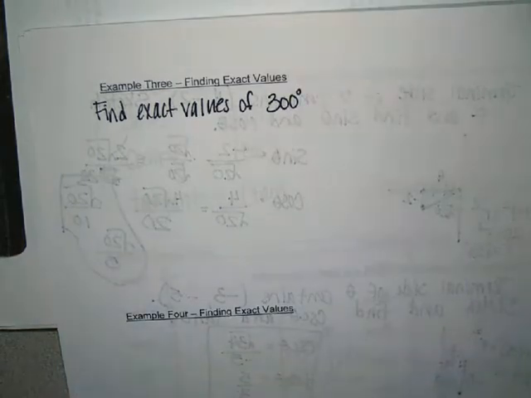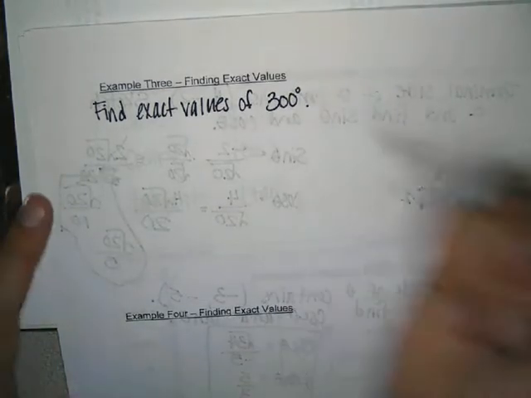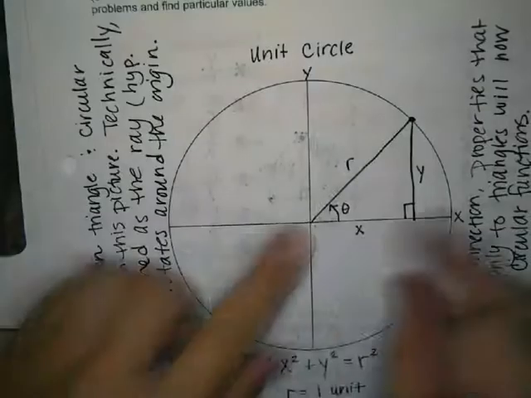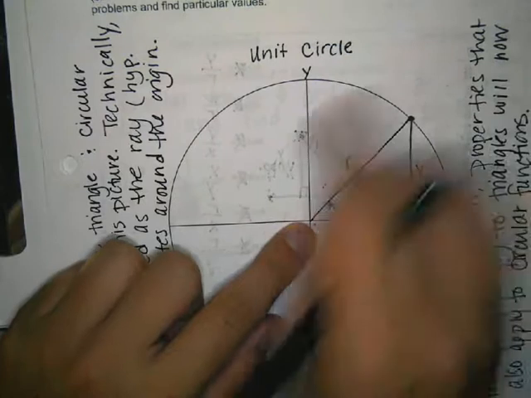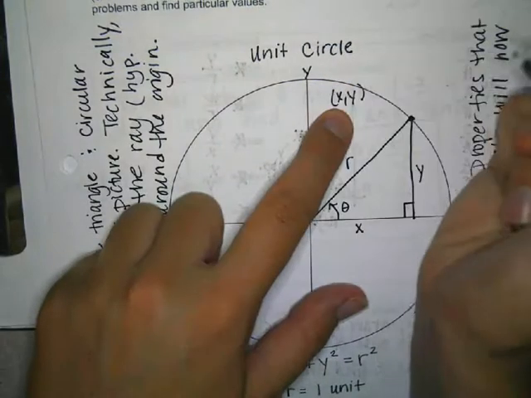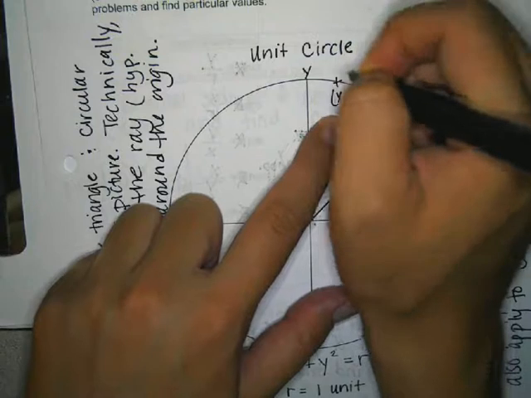Okay. 300 degrees. First thing I'm going to do is sketch it. 300 degrees is in the 4th quadrant. Oh, you know what we didn't do? Unit circle. In this section here, all x values are positive, all y values are positive. So we have plus, plus.